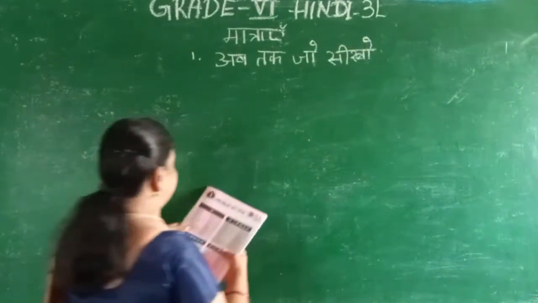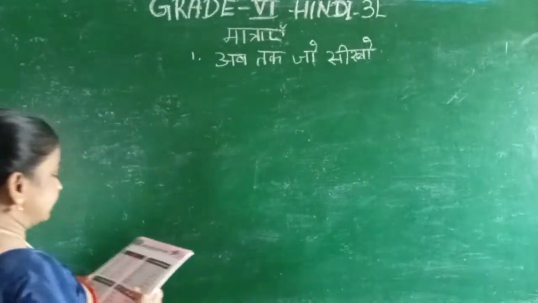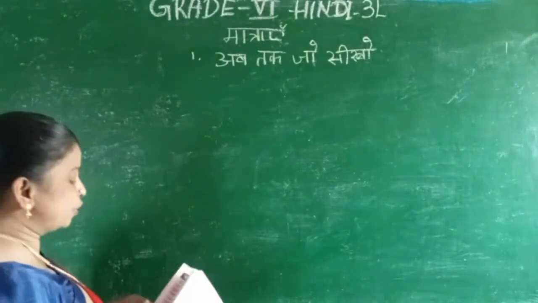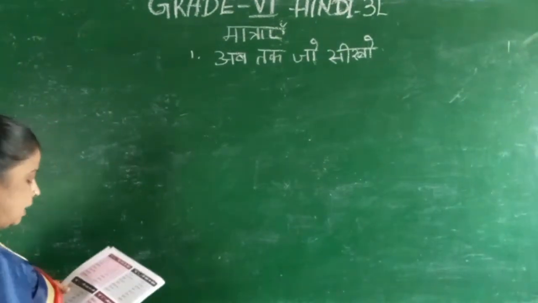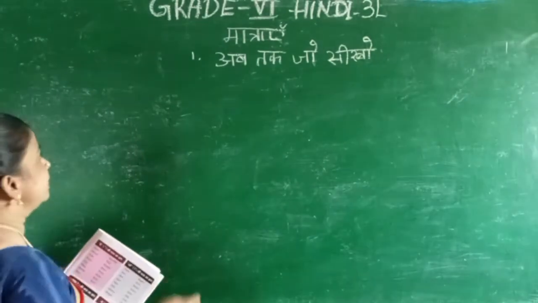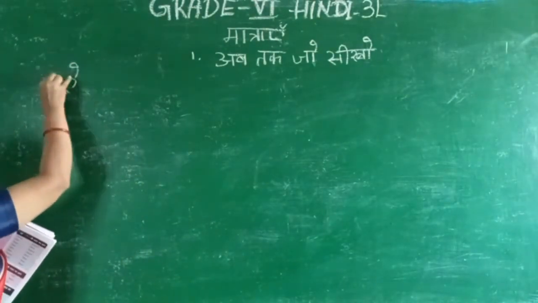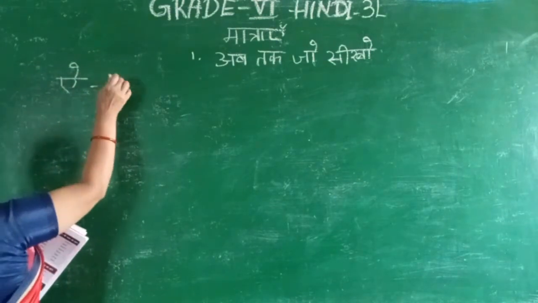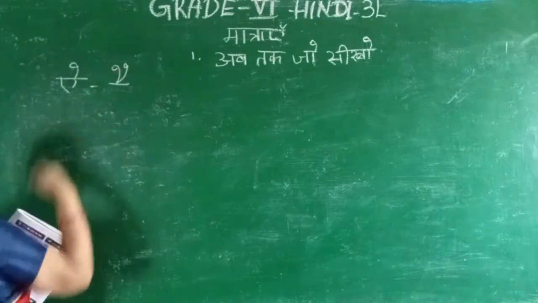This is our book heading, but the common heading is matra. Understand? Now, in the last video, we saw up to a ki matra. Now we are going to learn I ki matra. You see the I symbol. You know that I symbol, above the letter this type of matra is there.